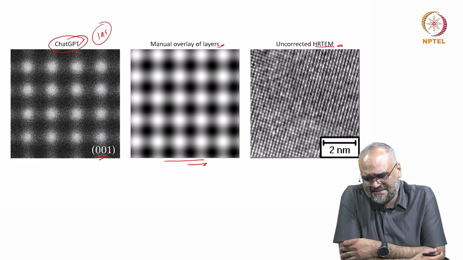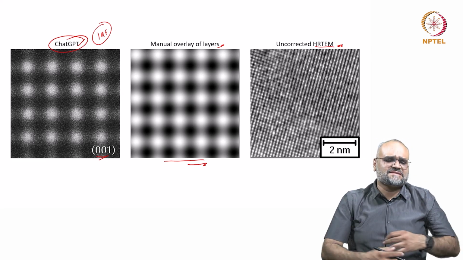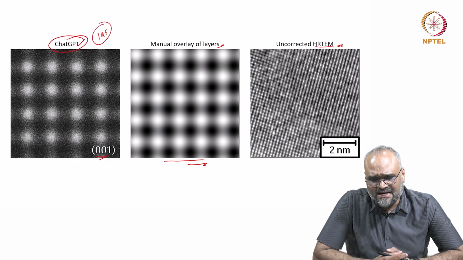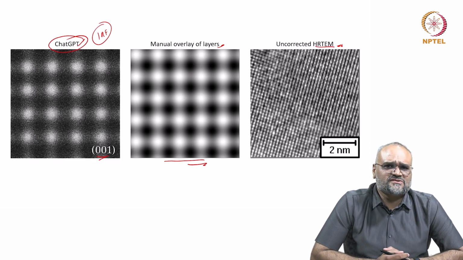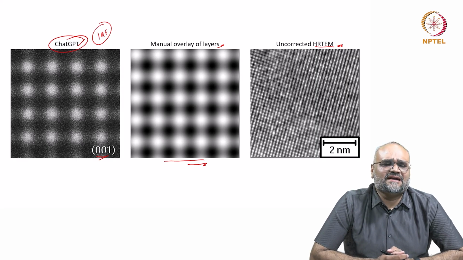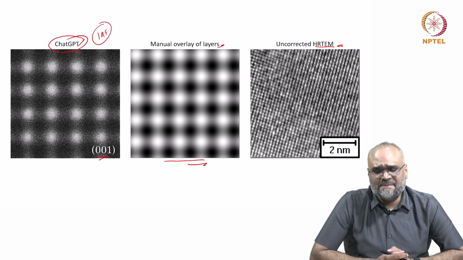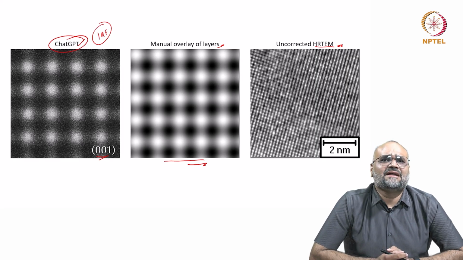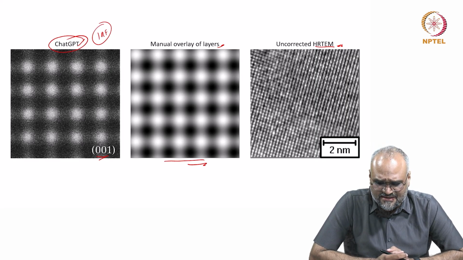So, with this, I think I have introduced a few concepts. Let me quickly summarize what is important in understanding high resolution transmission electron microscopy. Firstly, your atoms are acting as scattering centers, and the images that I record in high resolution transmission electron microscopes are actually interference patterns.